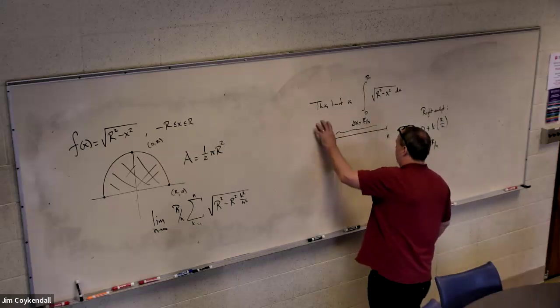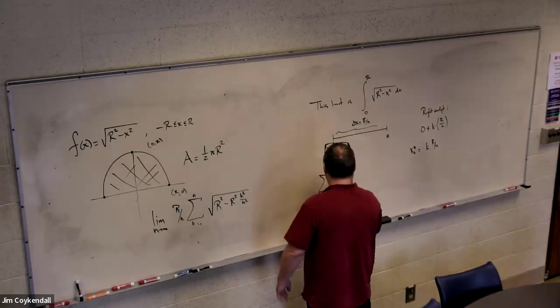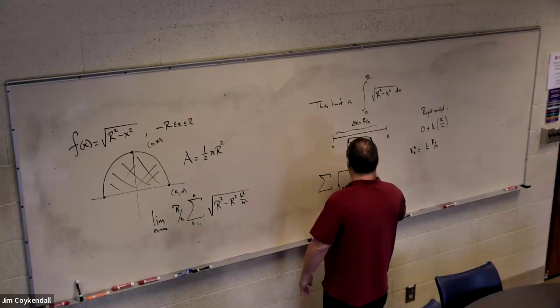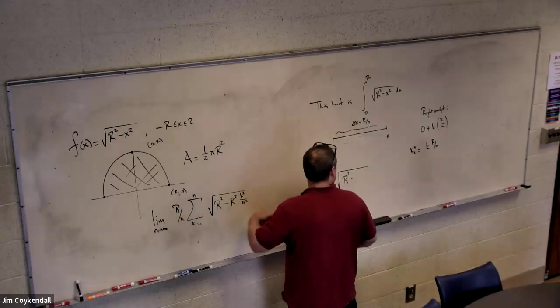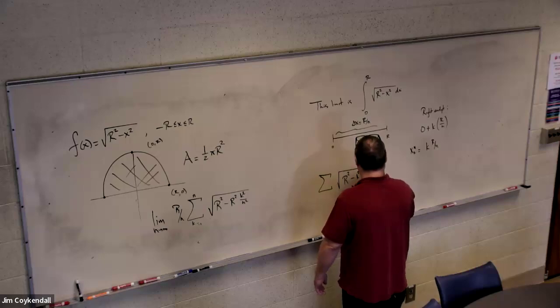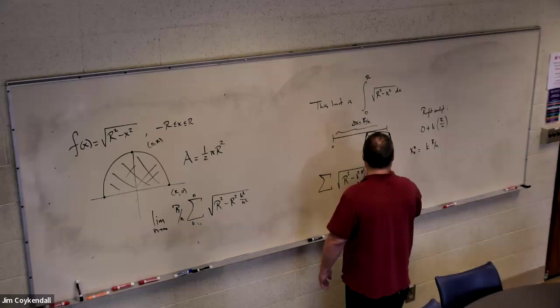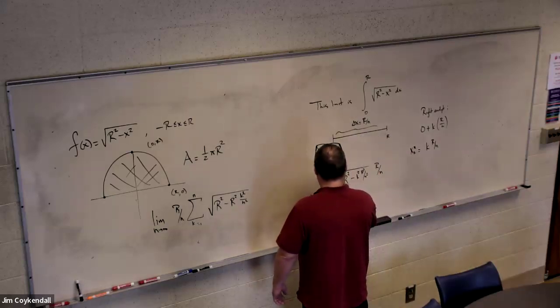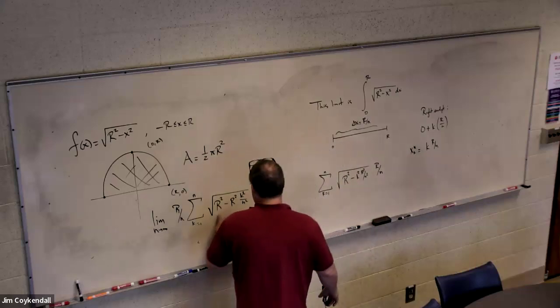So if I plug this in, I get the sum of square root of r squared minus this x_k squared, times your delta x, which is r over n. Aha, got a match.